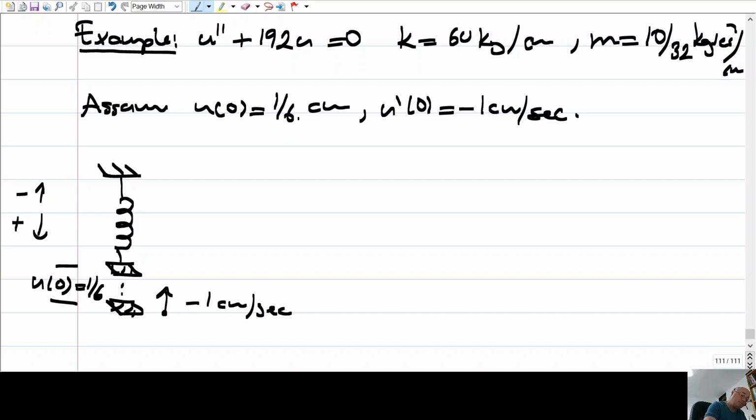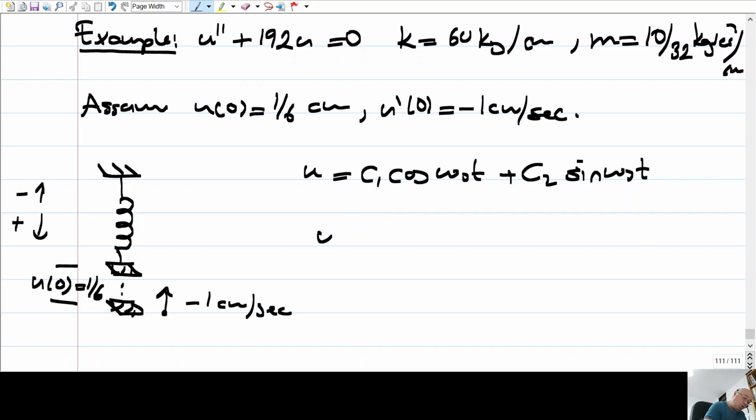And then if you solve this equation, you will get C1 times cosine omega 0 t plus C2 times sine omega 0 t. Omega 0 becomes just, what was this? Square root of k over m.